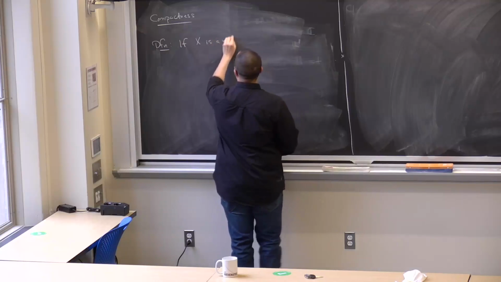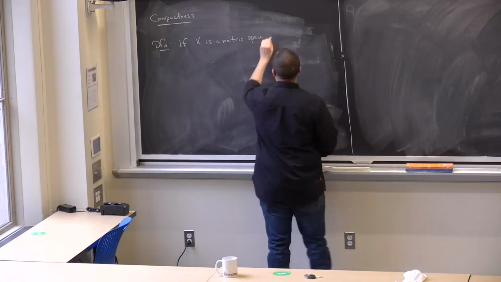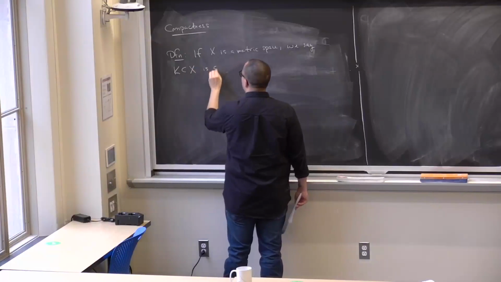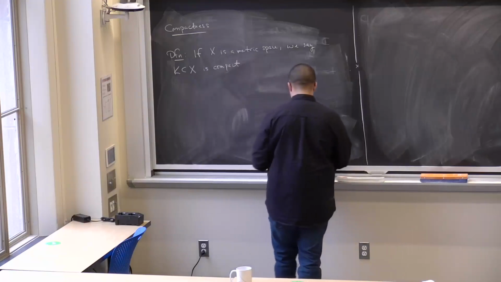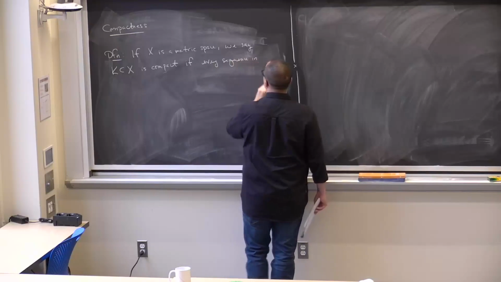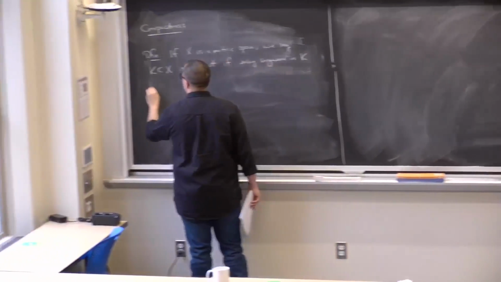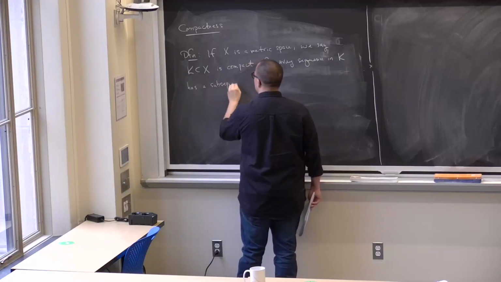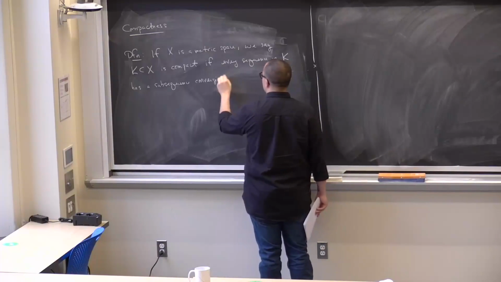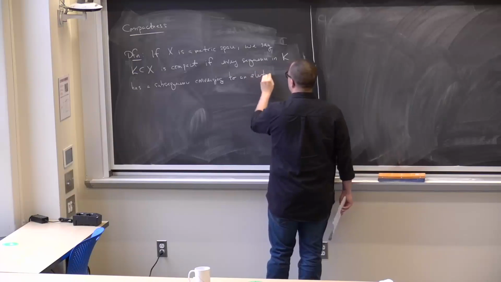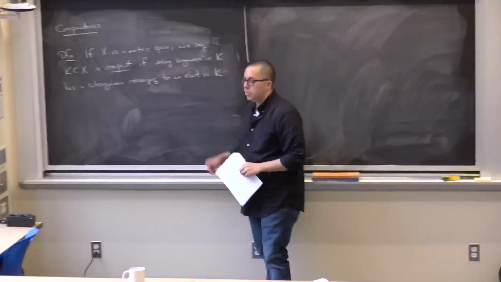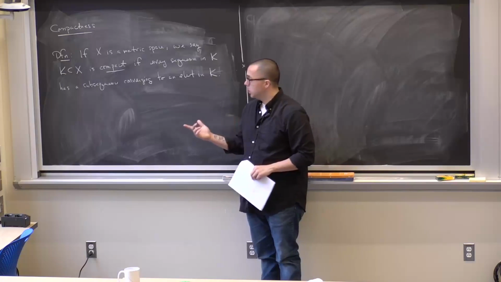If X is a metric space, we say the subset K in X is compact if every sequence of elements in K has a subsequence converging to an element in K. Okay, so a set is compact if every sequence of elements in the set has a subsequence which converges to an element in the set.